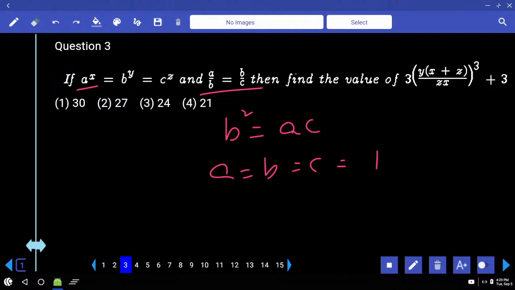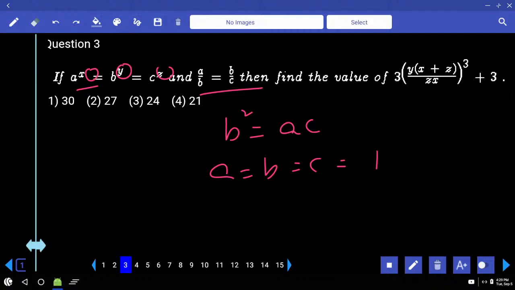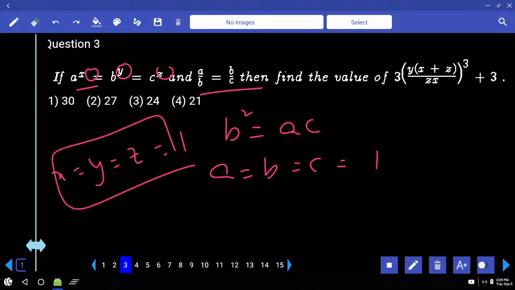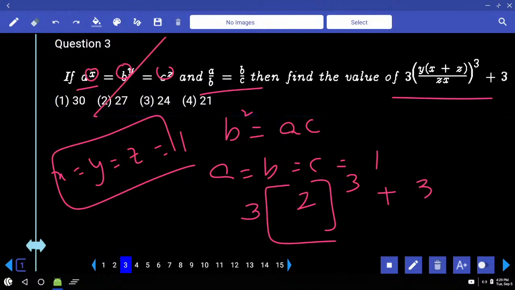Then 1 power x, now we have to assume the values of xyz. We can assume xyz also as 1. Understood? 1 power 1 equal to 1 power 1 equal to 1 power 1. Substitute here. That is 3 into 1 into 2 by 1, that is 2 cube plus 3. 27. Option 2 is the correct answer.